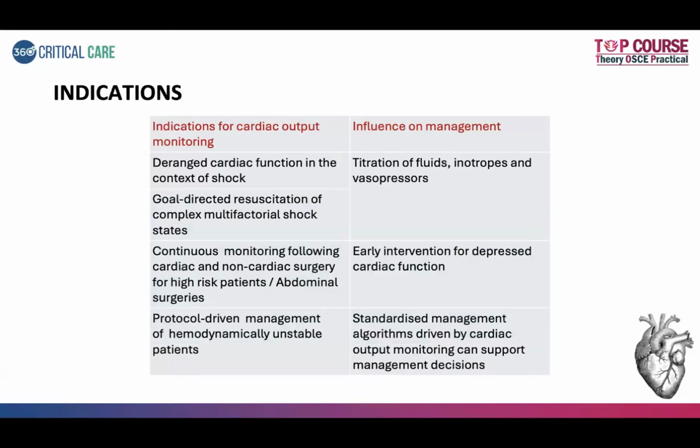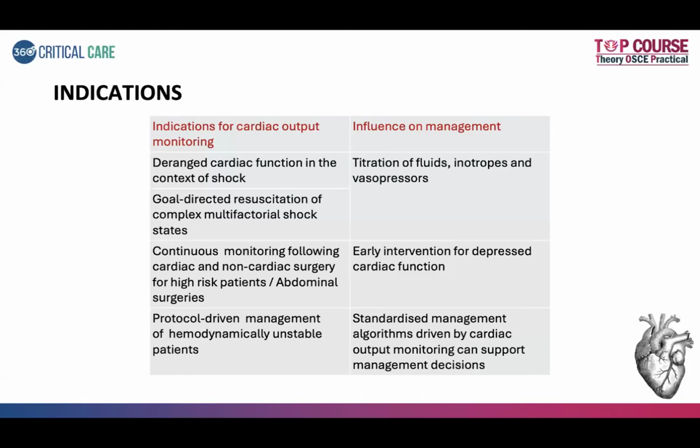So why do we measure the cardiac output? Whenever there is deranged cardiac function in the context of shock, and for goal-directed resuscitation of multifactorial shock states, in order to titrate fluids, inotropes, and vasopressors, we usually measure the cardiac output.